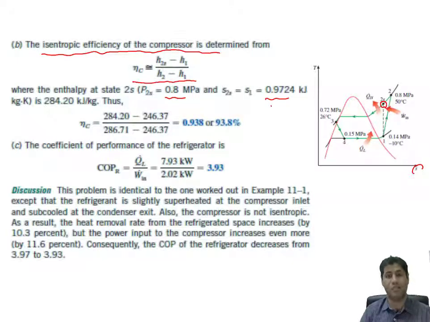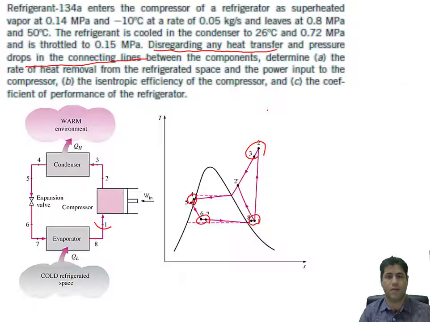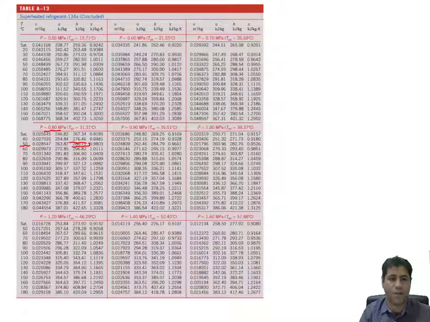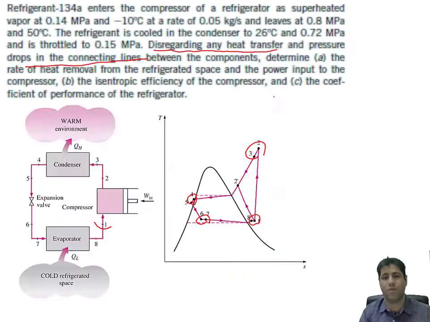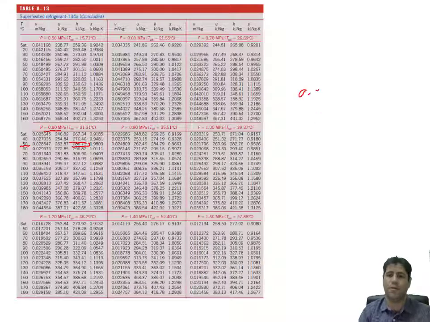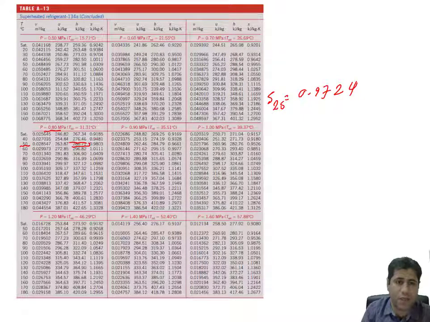Then what we need to do is to find the enthalpy for this state. How can we find it? We have the pressure, we have the entropy. Okay, let's see. The pressure is 800 kilopascal or 0.8 megapascal. It is here, and the entropy we have found is 0.9724. This is the entropy for state 2s. You can see here it is between these two.